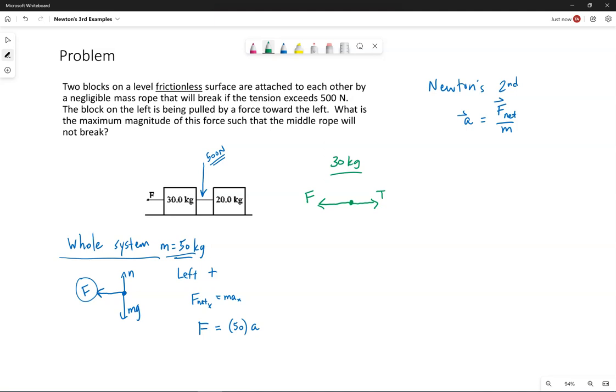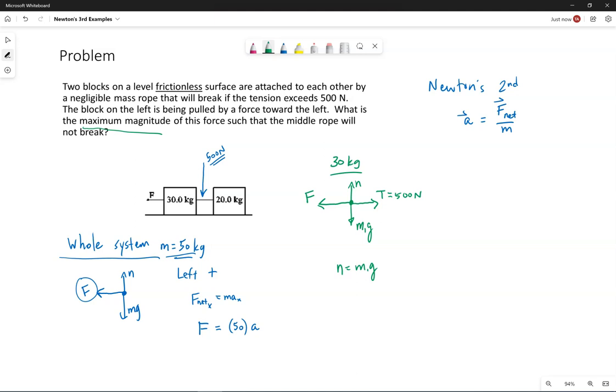And again, the maximum tension this can have is 500 newtons. That will be the 500 newtons when the pulling force F is the biggest it can be. And that's what the problem is asking for. What's the maximum magnitude of this force? This box, of course, experiences a normal force up, force of gravity down. When there's no friction, we don't really need to write out, in this case, the forces in the y direction, but you may recognize that the normal force will equal mg.